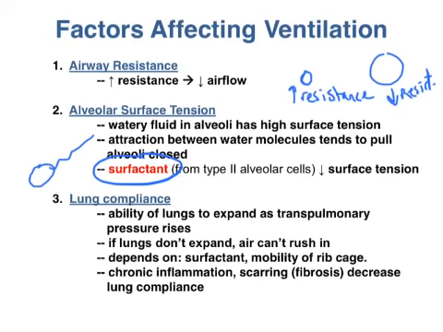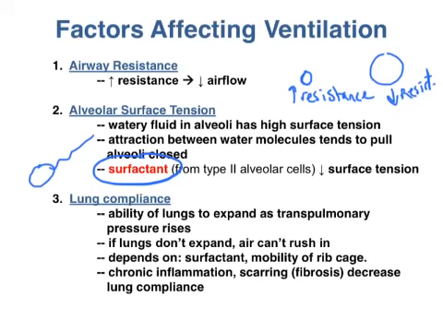Clinically speaking, surfactant production is an important consideration in the neonatal intensive care unit because surfactant production usually only begins a few weeks before birth. Why make surfactant when the lungs aren't inflated anyways? You're not using your lungs until you're born.